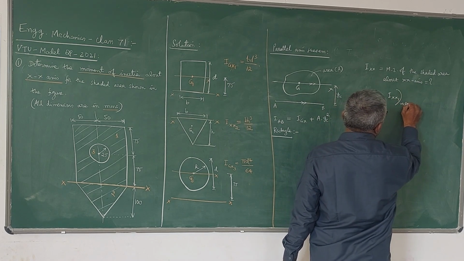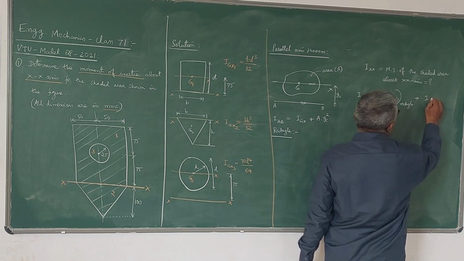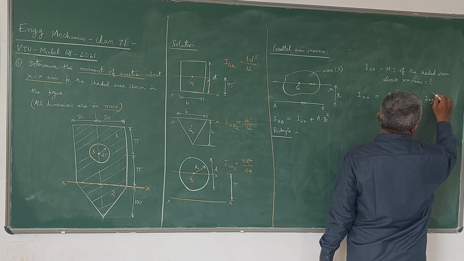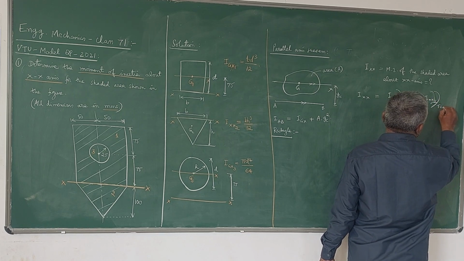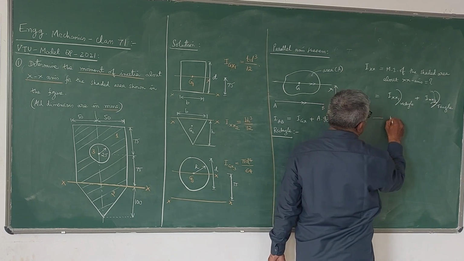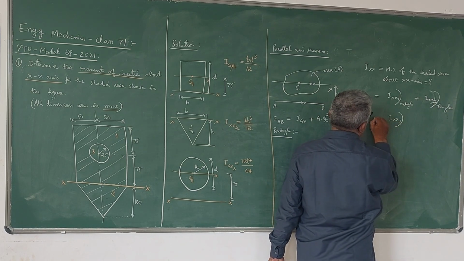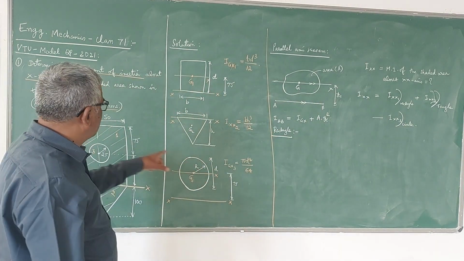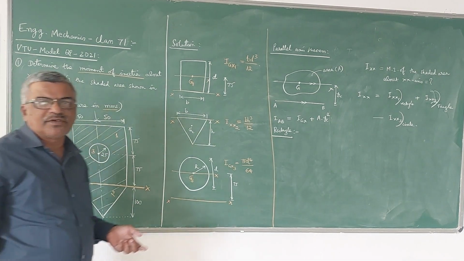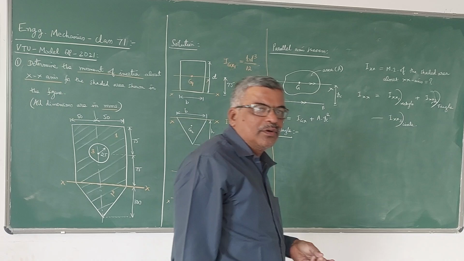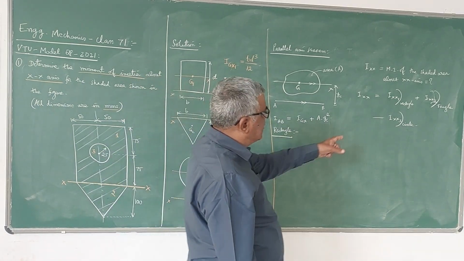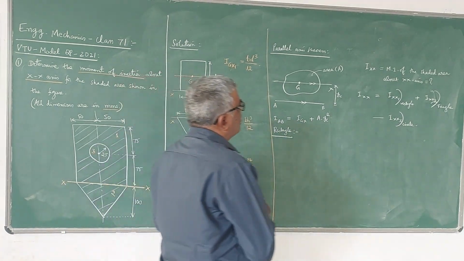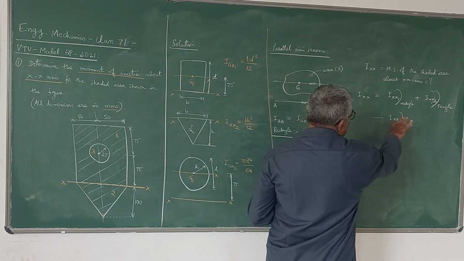Plus the second one for the triangle, Ixx2. Minus Ixx3. This is minus because the circular portion is a cutout portion. Even in the case of centroid, since the area is negative, we subtract the area. Here, since it is a cutout portion, the moment of inertia is negative. That I have explained earlier. Now we will find out these three separately, then we will substitute.